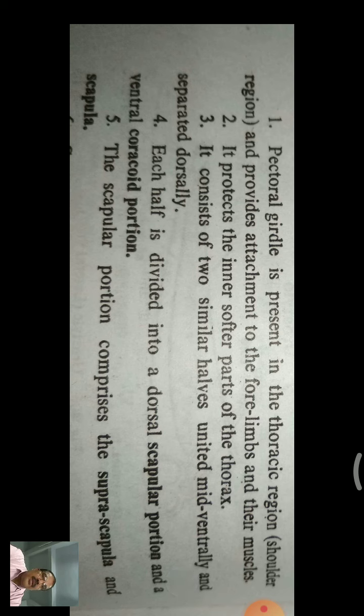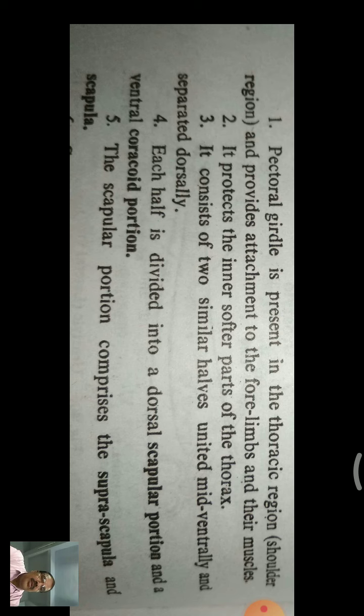First one is the pectoral girdle and second one is the pelvic girdle. The pectoral girdle is present in the thoracic region, particularly the shoulder region, and provides attachment to the forelimbs and their muscles. It protects the inner softer parts of the thorax.